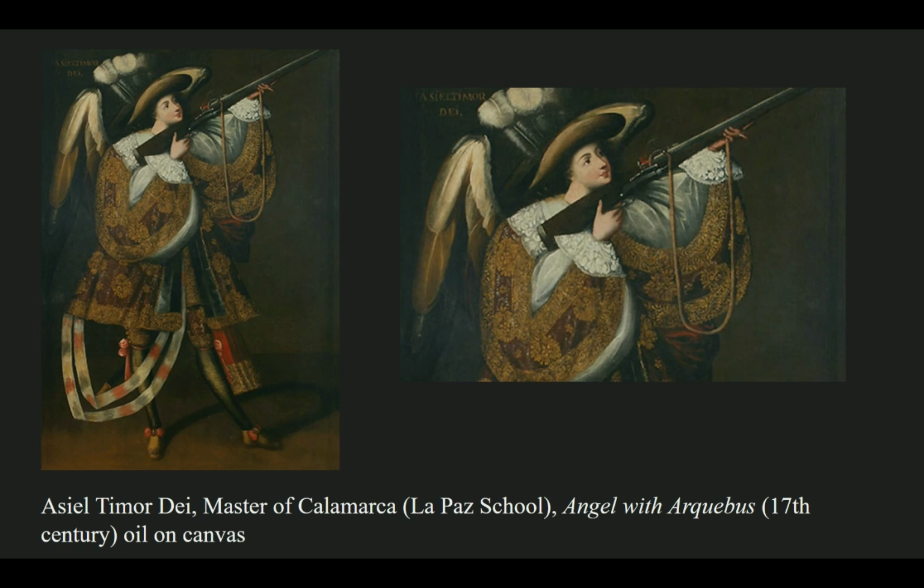You push it into your shoulder, and it had accurate aim. And so this image of these angels was definitely illegal, but they're showing the conquering of the indigenous by these Spanish within Peru. And so we have the development also of art schools here that are being created. We have the La Paz school.